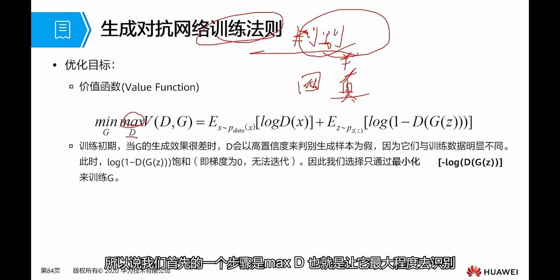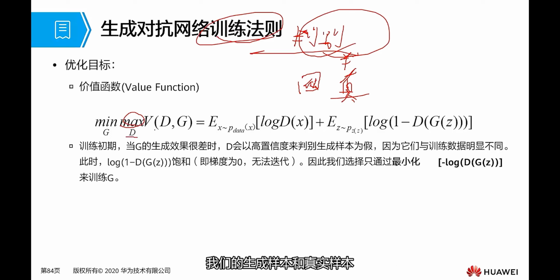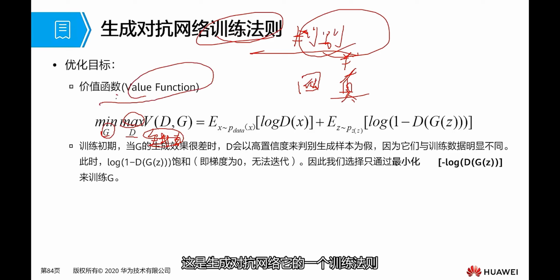Isn't that a joke? So our first step is to maximize D, that is to let it distinguish to the greatest extent between our generated samples and our real sample. Then our generative model minimizes the gap between the two, forming our value function, which is the training rule of the generative adversarial network.